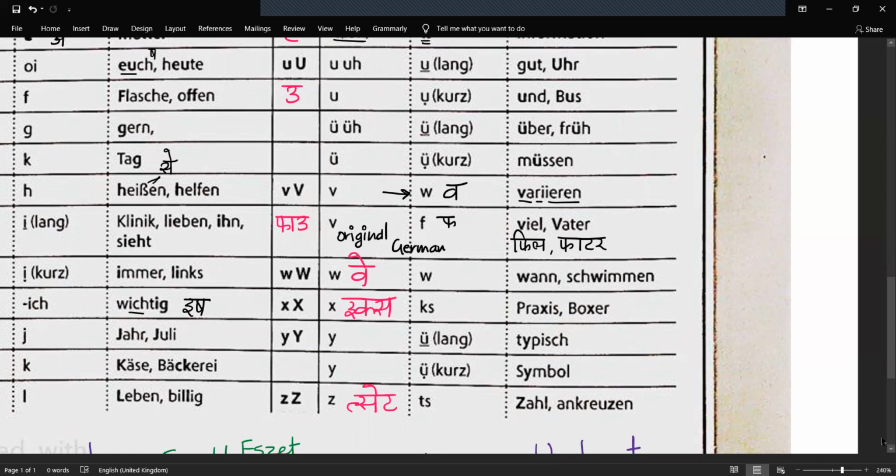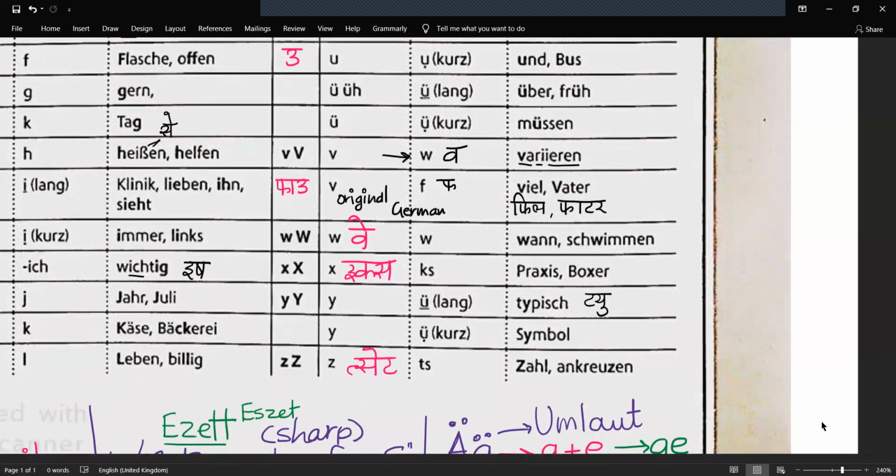Ypsilon takes the sound of an umlaut. So this is not typisch but typisch. Typisch, Symbol. And then the last one, Z, takes the ts sound. So Zahl, ankreuzen.